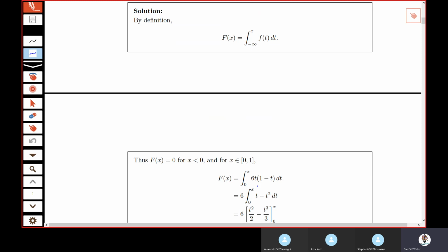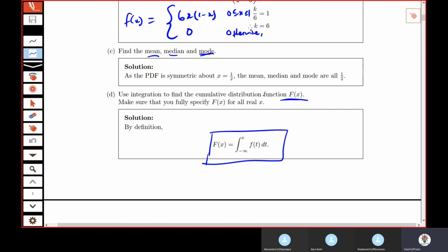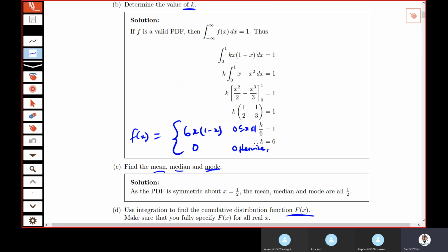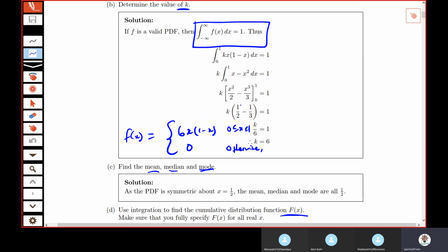Do you guys get this line, firstly? Let's stop there. Do we understand the different formulas? This one here was f of x is equal to the integral from negative infinity to x of f of t dt. This one here, I wrote negative infinity to infinity, the sum of all of it must equal 1.